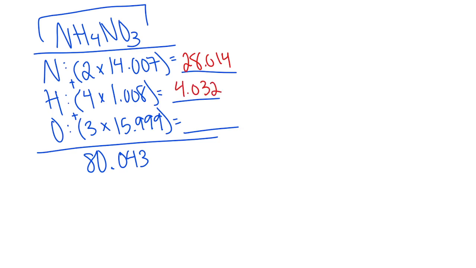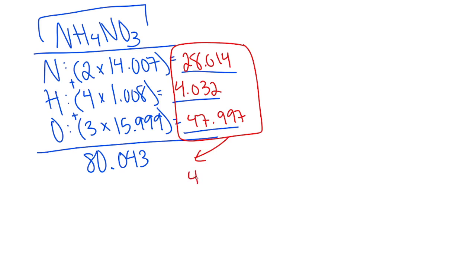And then I can do 3 times 15.999, and that would give me 47.997. If I add all 3 of these together, it should give me the same answer as that, but just to make sure, 28.014 plus 4.032 plus 47.997. And it does. So, 80.043.